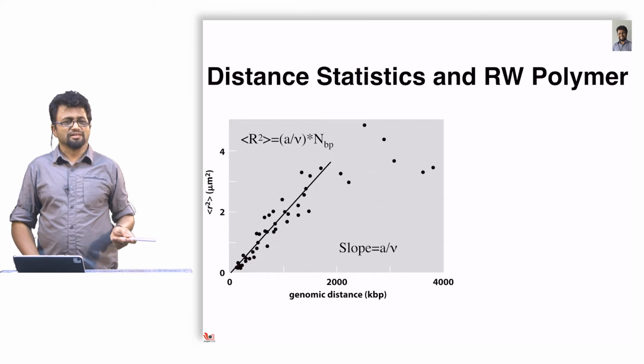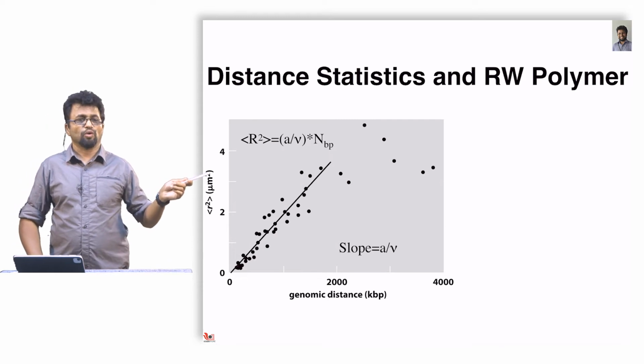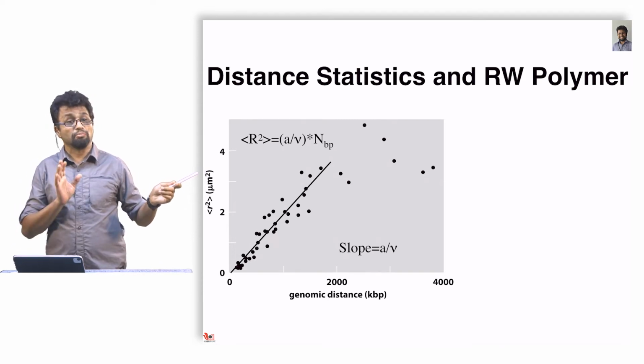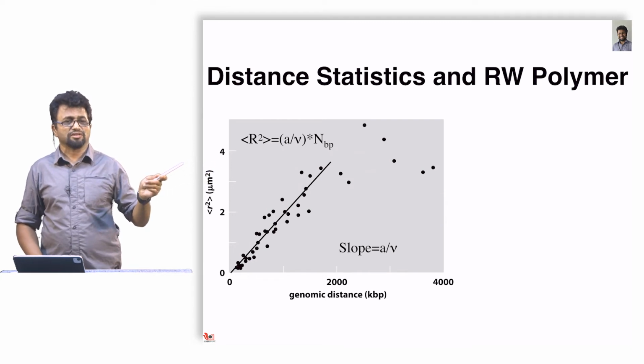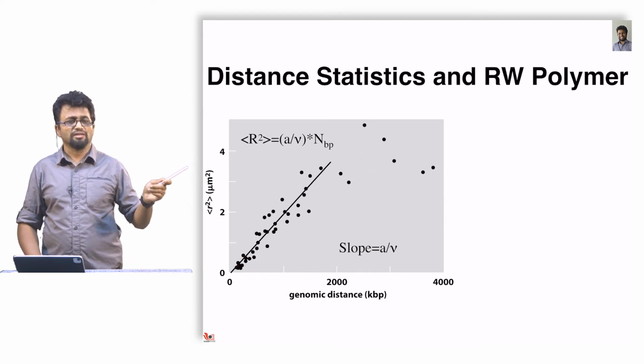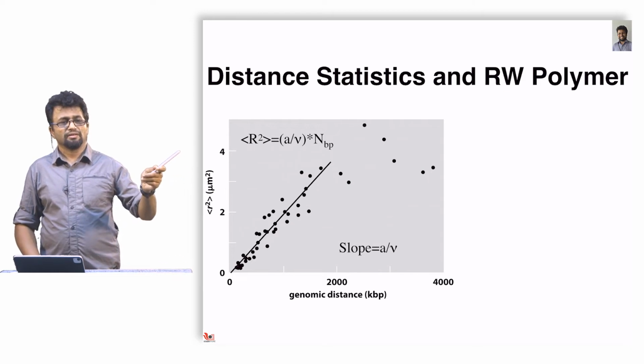So this part of the curve is very nicely consistent with the simple random walk polymer model. And in fact, you can fit this expression which we showed earlier, the Kuhn length divided by the linear packing density times the number of base pairs, to estimate the unknown.